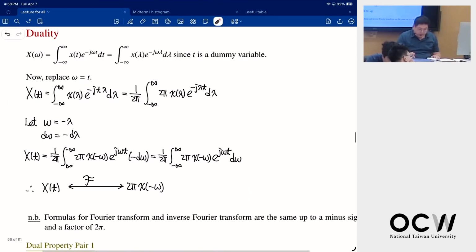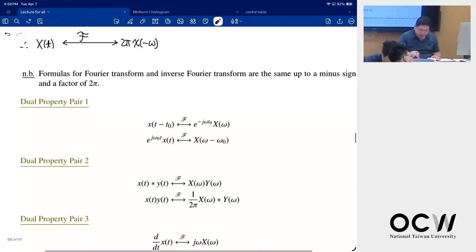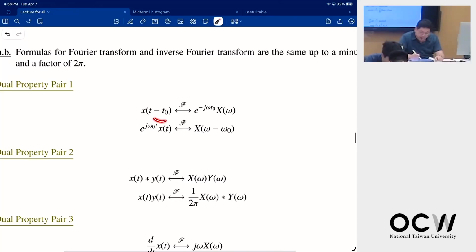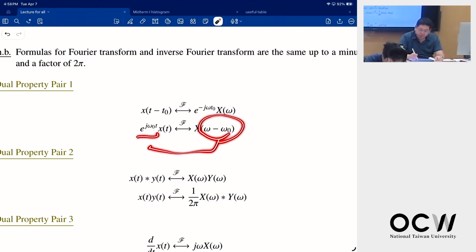Alright. We have another 3 dual properties. Like if I shift in time domain, then in frequency domain, I have a phase change. Similarly, if I have a shift in frequency domain, that means in time domain I multiply by the complex exponential. This is called modulation.